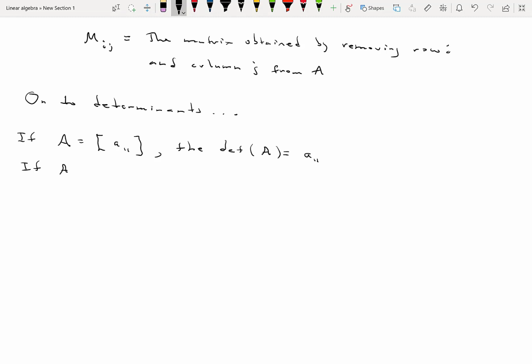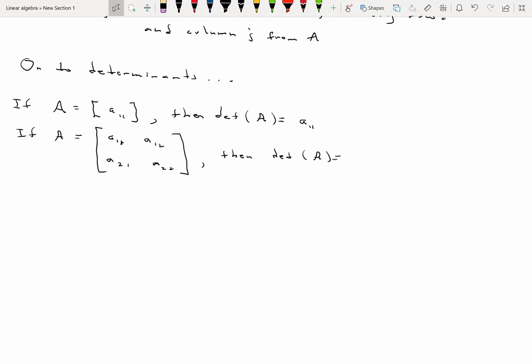If A is a 2 by 2 matrix, a11, a12, a21, a22, then the determinant of A is a11 a22. This is just a review, and I'm sure you remember this, or if you don't, it's going to come back real soon. Minus a12 a21.